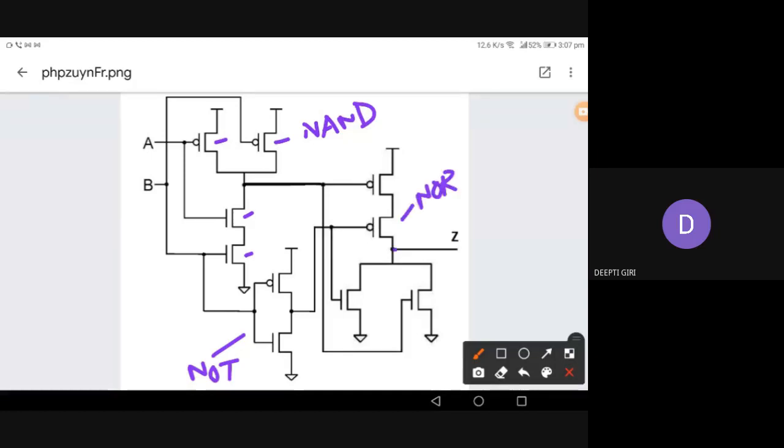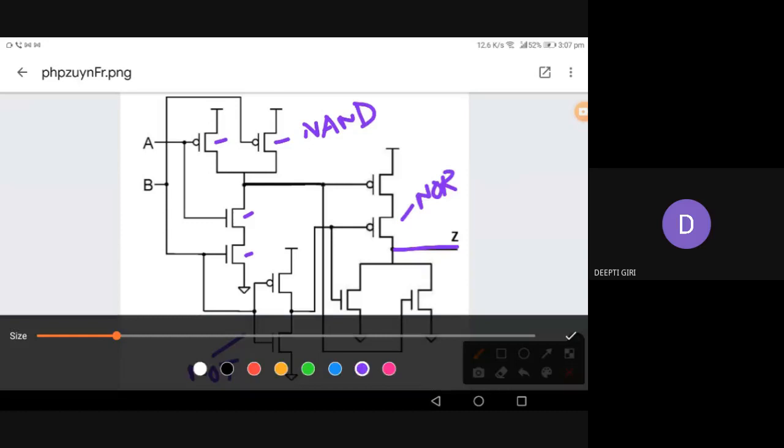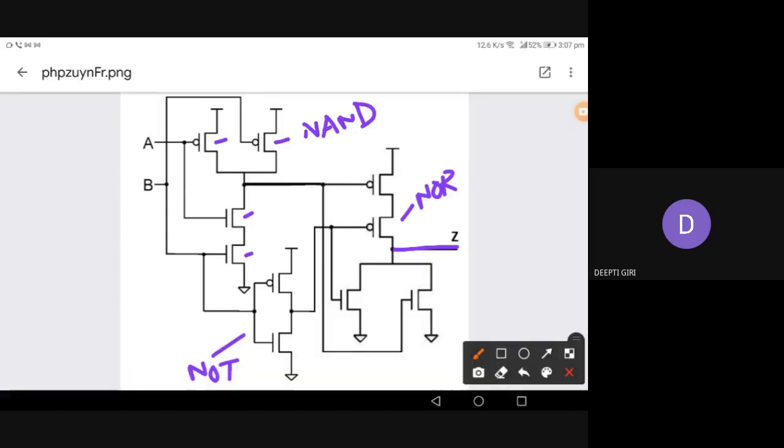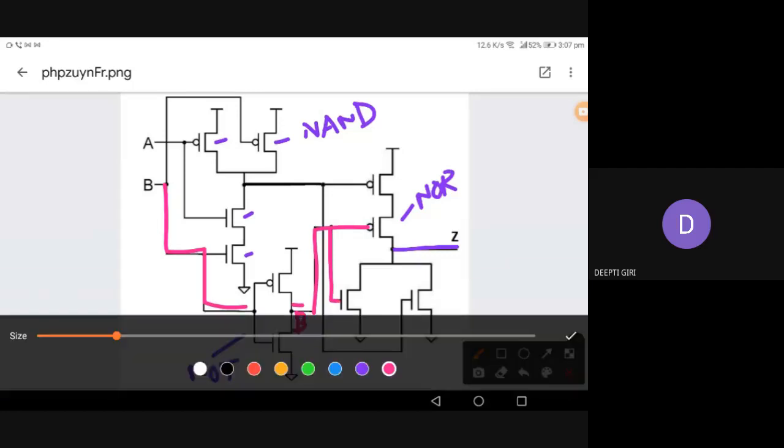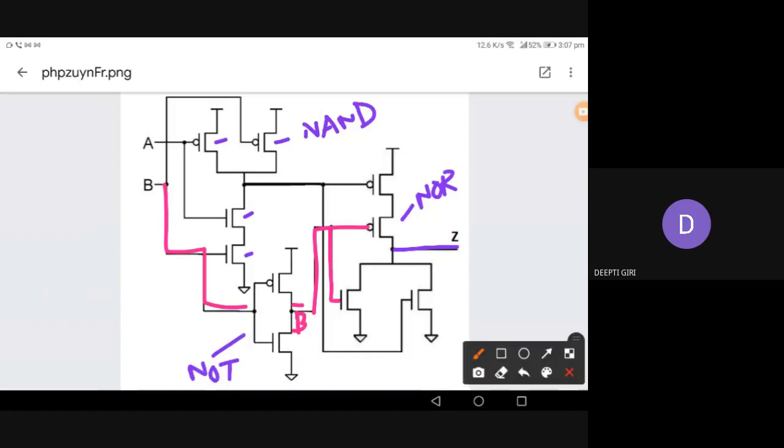And my output is the output of my NOT gate, right? And what is NOTing? This is B. B is going to the NOT gate and getting B bar here. Now this B bar is going to the input of one PMOS and one NMOS. And my NAND gate output will be nothing but A into B whole bar. This is my NAND gate output.